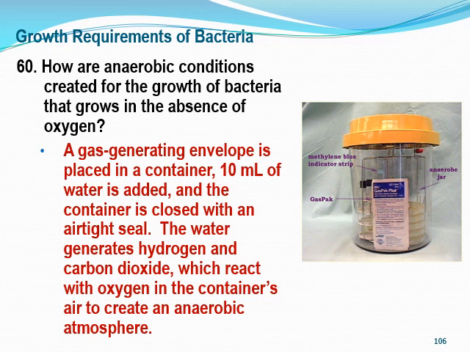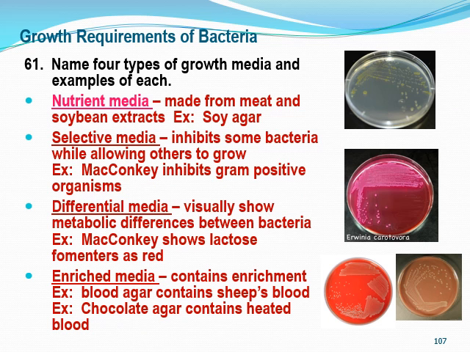The water generates hydrogen and carbon dioxide, which reacts with the oxygen inside that container's air to create that anaerobic atmosphere. You also have, for a larger lab, giant incubators that are set up with CO2 tanks and things of that nature to produce that kind of environment as well.